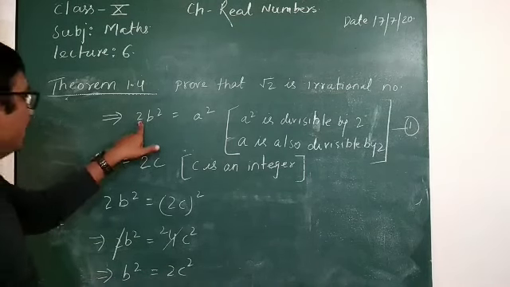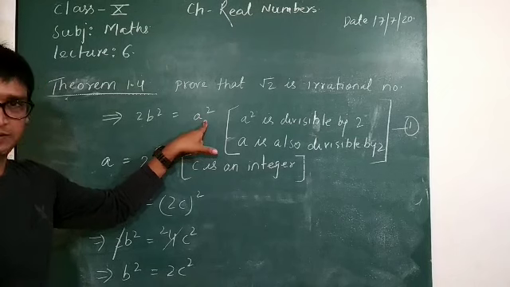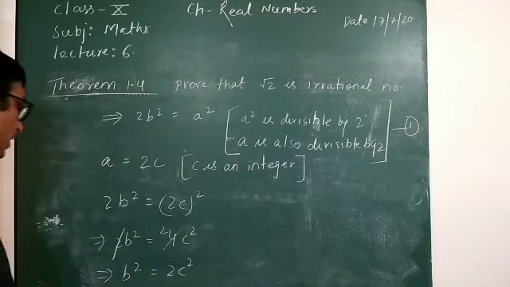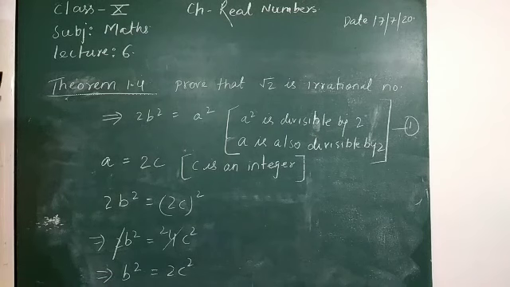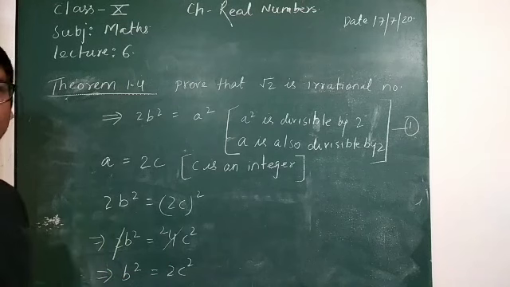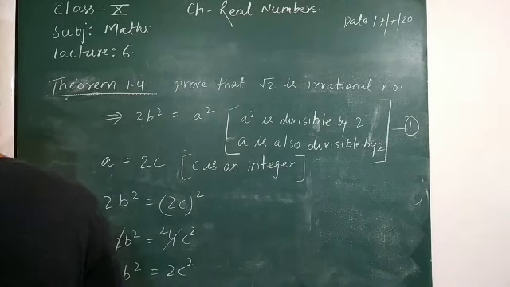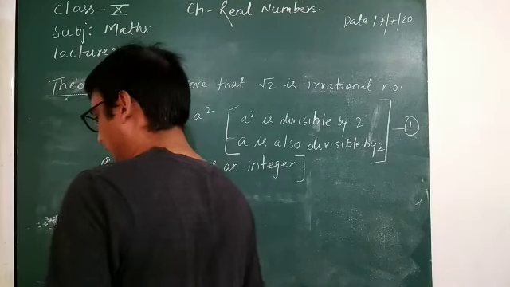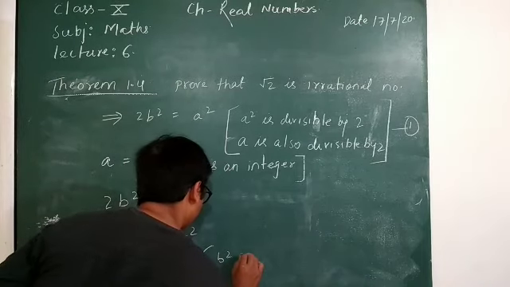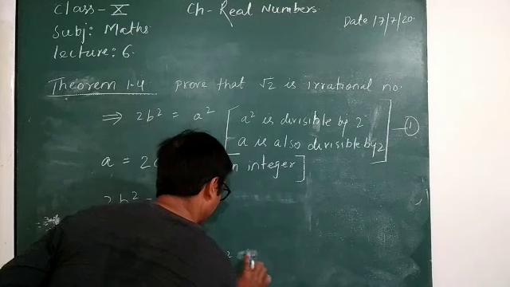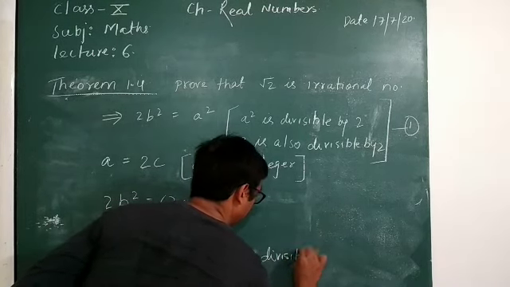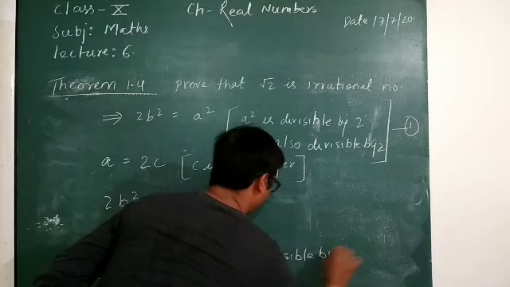Again, similar to this process, according to theorem 1.3, you can write that b square is divisible by 2, right? So we can also write that b square is divisible by 2.